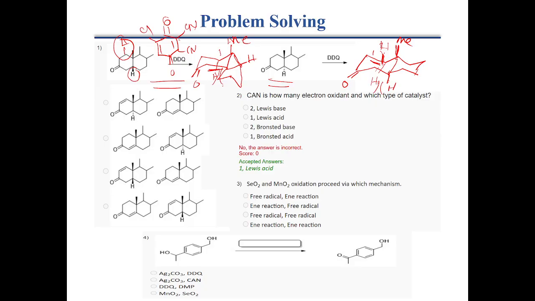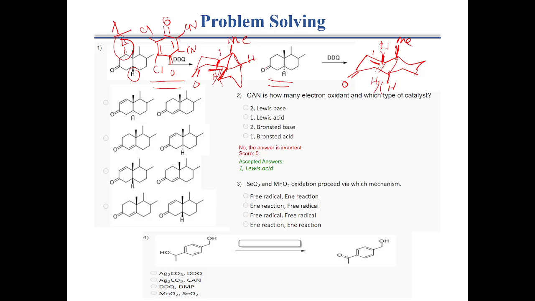In the cis form, due to the 1,3 interaction between this hydrogen and the three CH2, steric hindrance happens. That's why hydride donation in the cis form happens from this hydrogen.